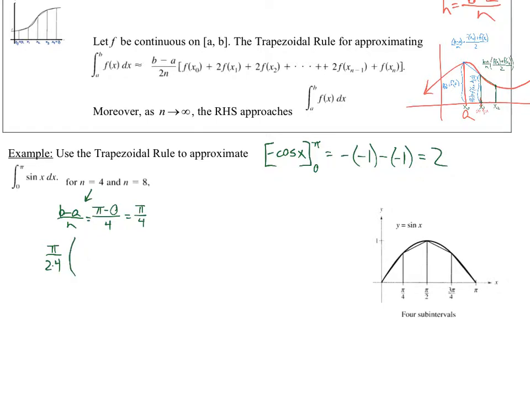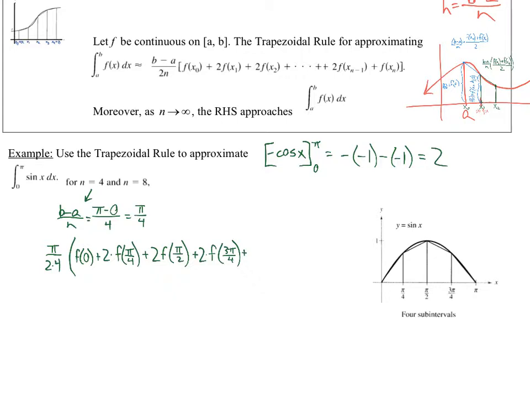So what are we going to do? Well, we start with f of a, which is f of 0, plus 2 times f of 1 pi over 4, plus 2 times f of 2 pi over 4, which is pi over 2, plus 2 times f of 3 pi over 4, plus 4 pi over 4 is the end, right?